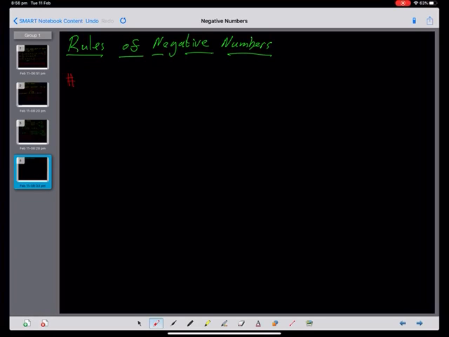Let's use an example. 2 multiplied by negative 3 and negative 2 multiplied by negative 3. Let's pretend we don't know the answer. Now, we do know the answer to 2 multiplied by 0. Anything multiplied by 0 is 0.